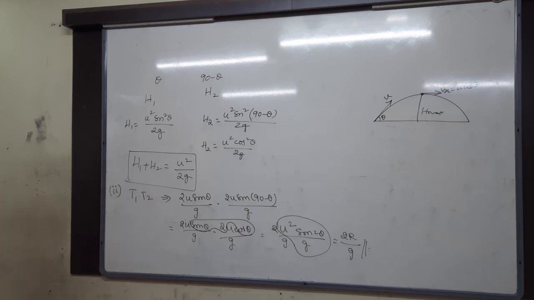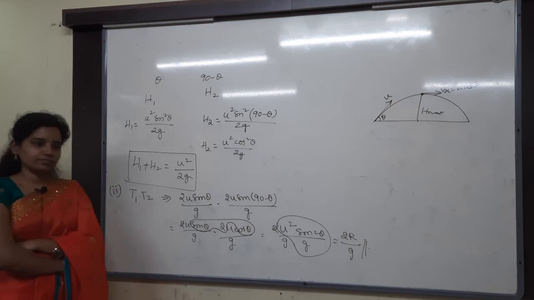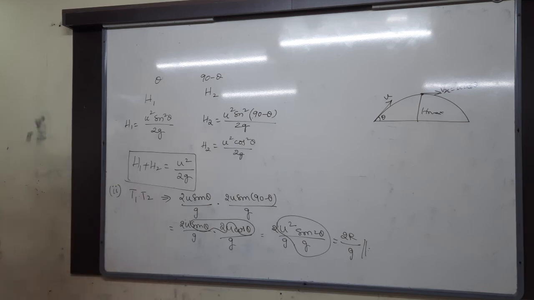I said vertical velocity component, not the initial speed. The answer is u sin theta by root 2. That's the answer. U sin theta by root 2 is the answer.